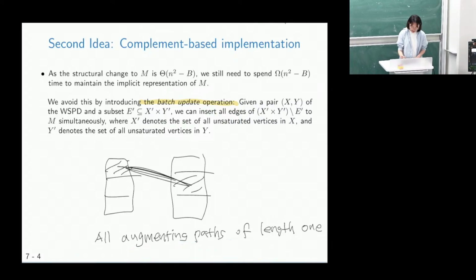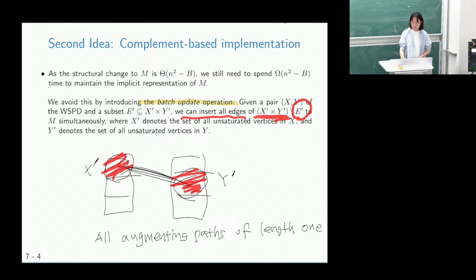That is, given a pair of point sets in the relative characteristic position, and a subset of the edges between xi, this is xi, x prime, and this is y prime. And we can insert all edges between xi and x prime and y prime, excluding the edges of e prime, simultaneously, efficiently.